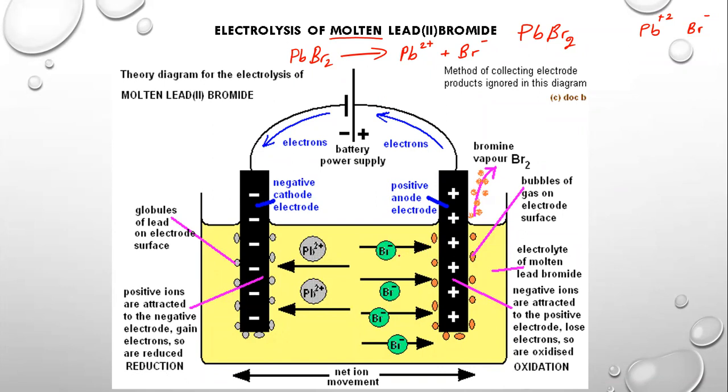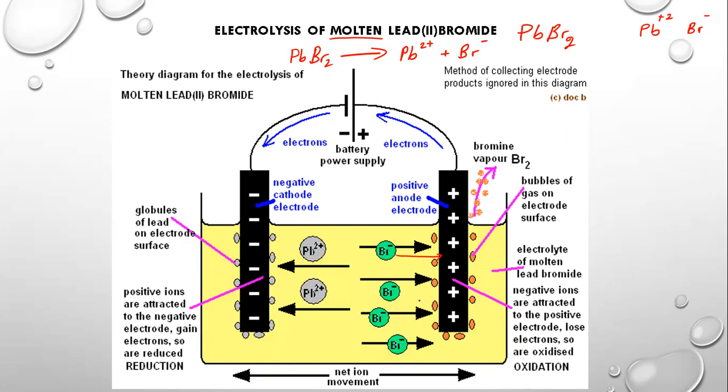So the bromide ion will move to the surface of your anode, and there it will give up its electron, the 1 extra electron that it has that gives it the negative charge. This negative charge is here because the bromine atom has 1 extra electron, making it a bromide ion. When this bromide ion moves to the surface of your anode, it will give up that 1 electron to become a bromine atom.